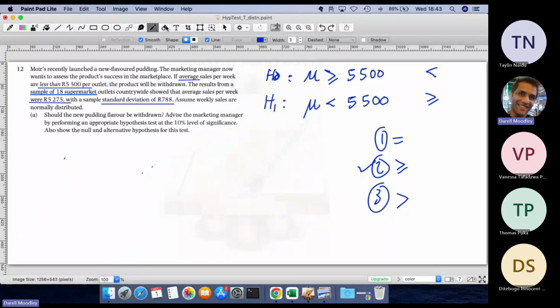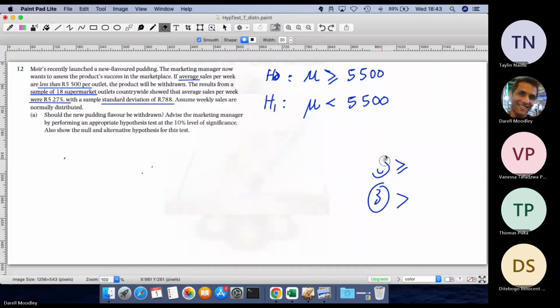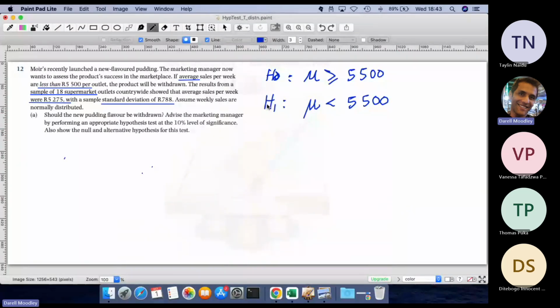If you are wondering that, let me explain to you the rules. H1 will always have the strictly less than. So H1 can either have the less than, the greater than, or the not equals to, which we did earlier in the previous example.